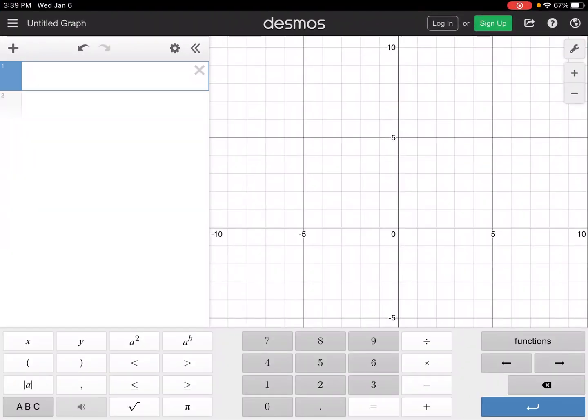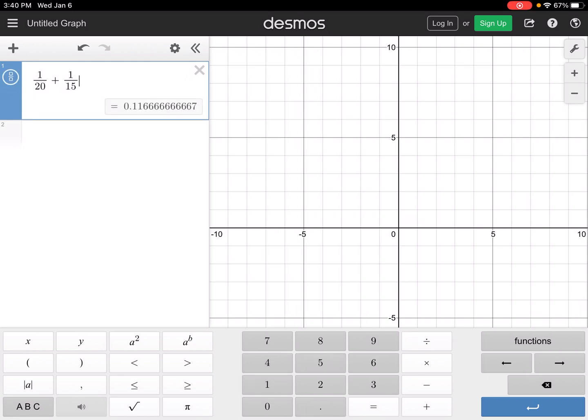So we say 1 divided by 20, and then we're going to add 1 over 15. 1 divided by 15.